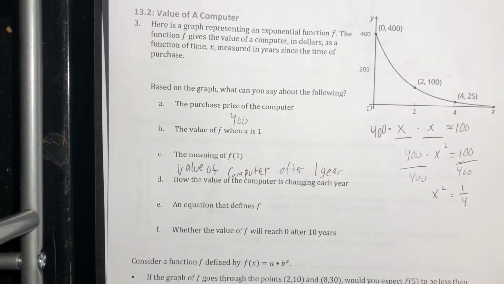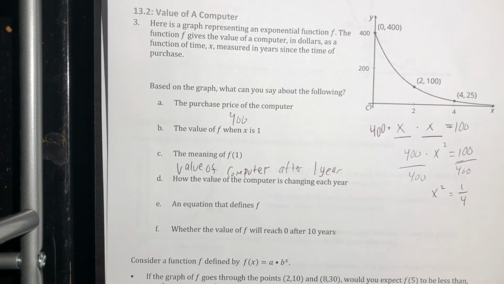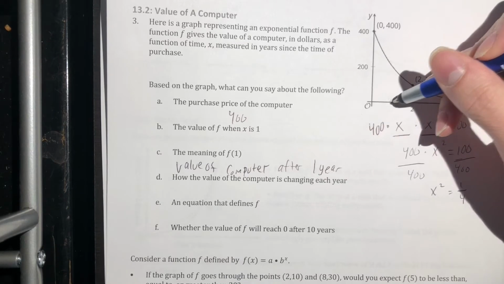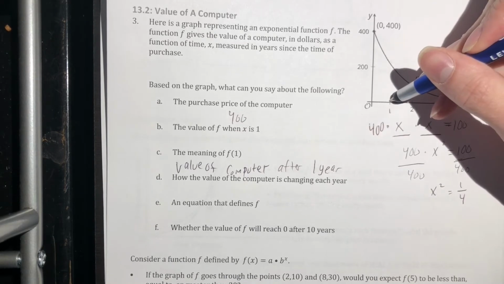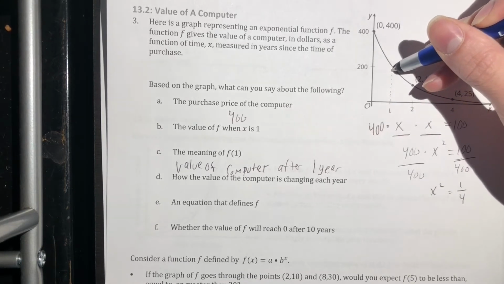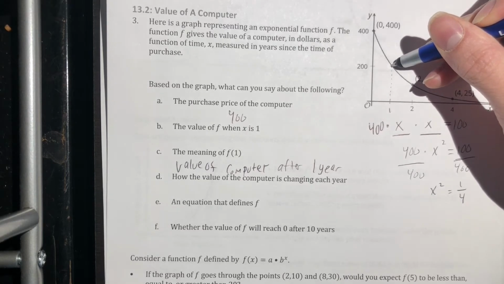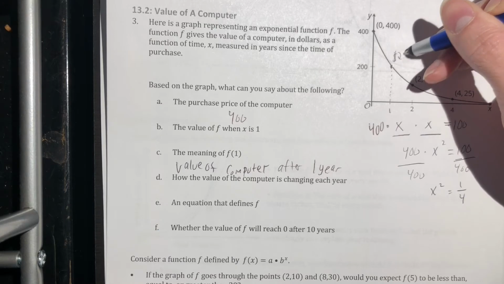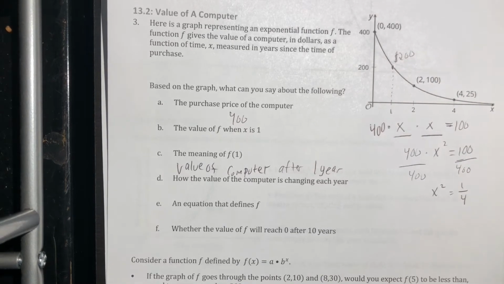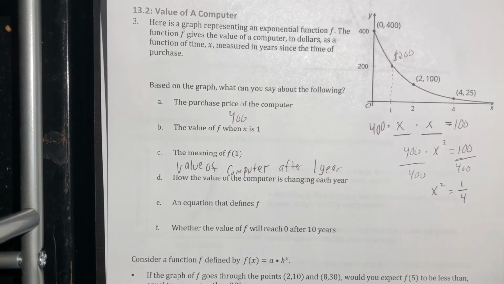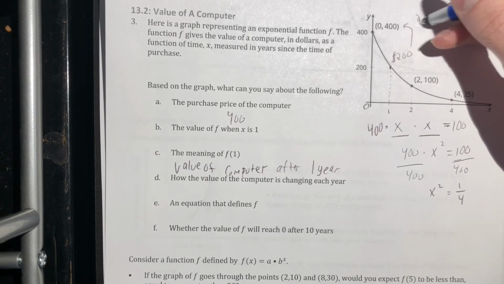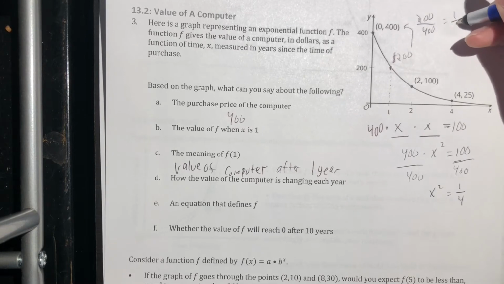So let's think about how to multiply fractions. Actually, no, I'll leave that for you. If you can figure that out, go for it. The other option I have is, well, x is 1 is right here. I'll just trace that up to my graph and see that after 1 year, I've got about $200 left on my value. And let's see how good that approximation was. What's my growth factor to get me from 400 to 200? It's a half.